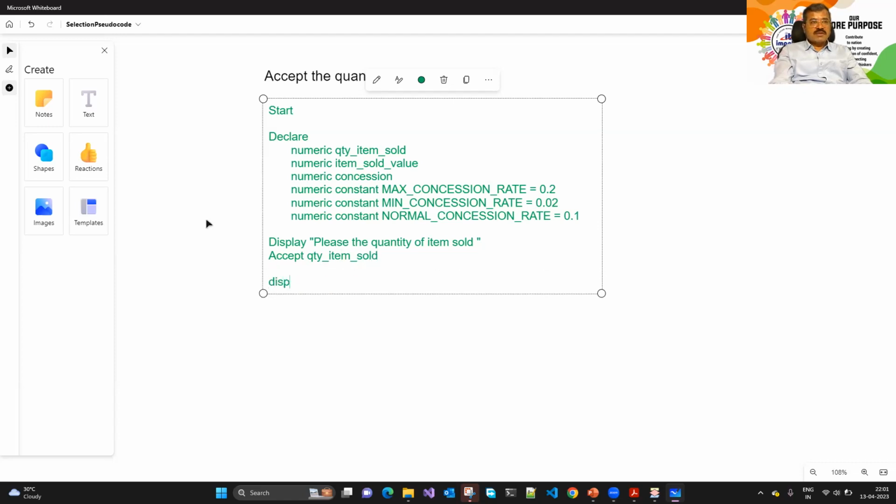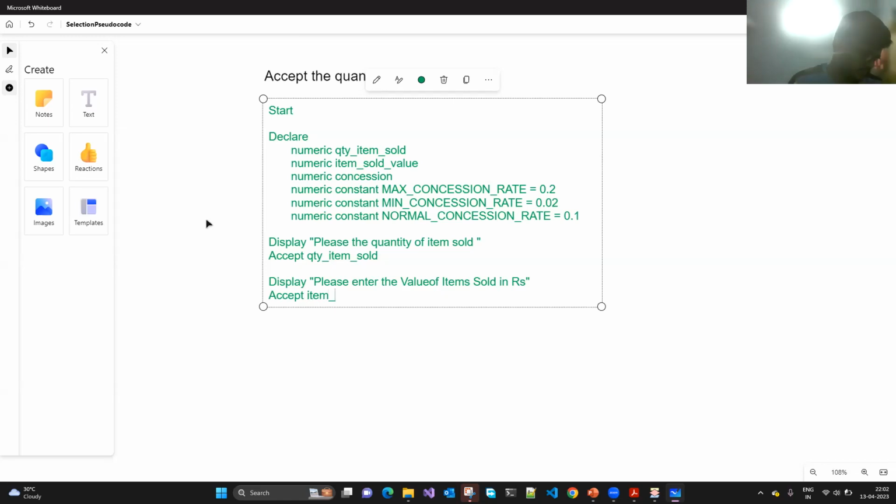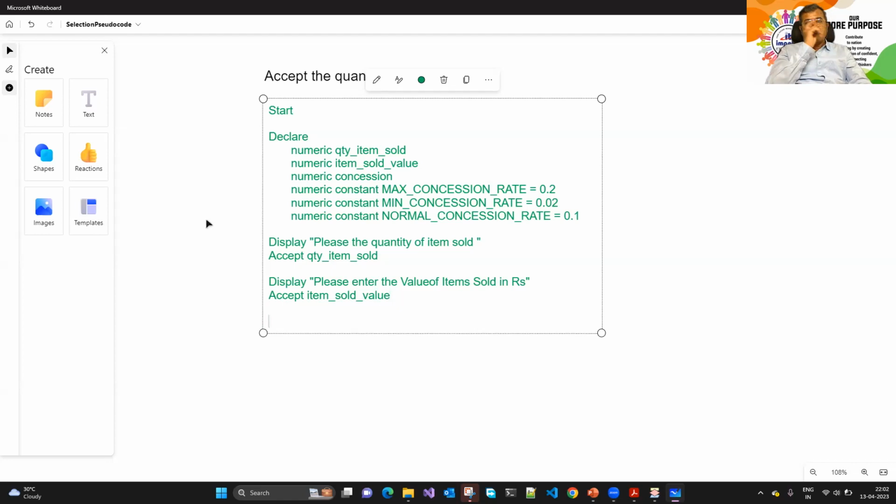Then we ask the user to enter the value of items sold in rupees. Here units was important. And then I'll say item sold value.